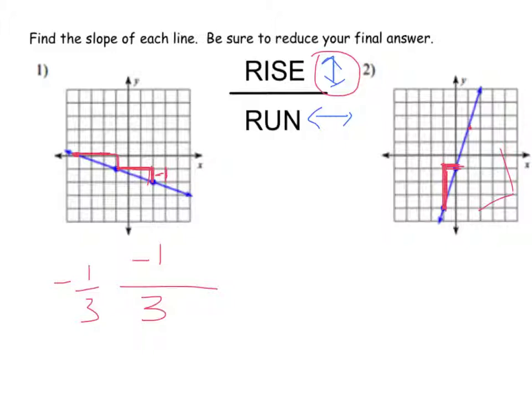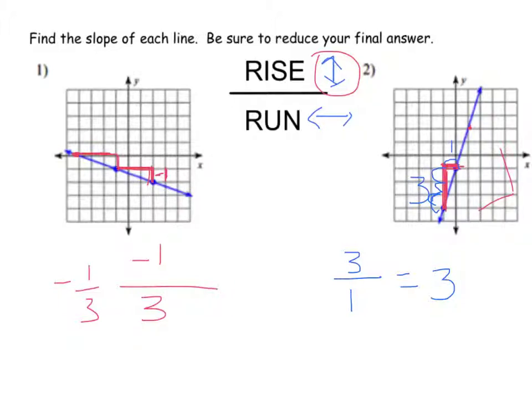And then you're going to count. My rise, my vertical change, I went up 1, 2, 3. And my horizontal change, I went over 1.